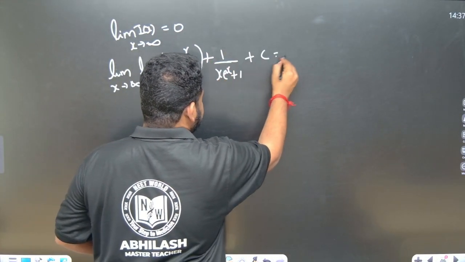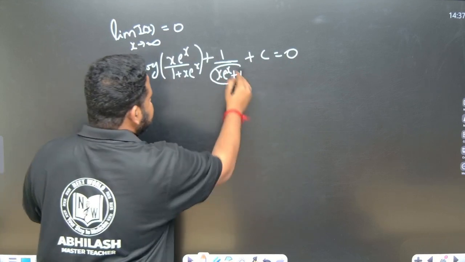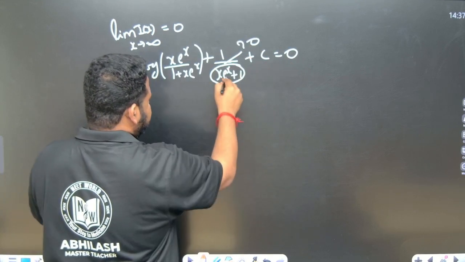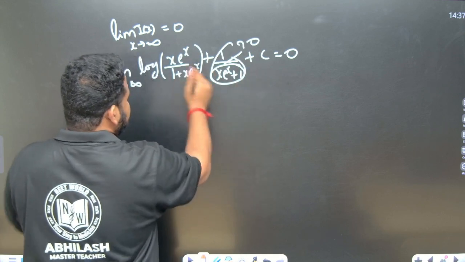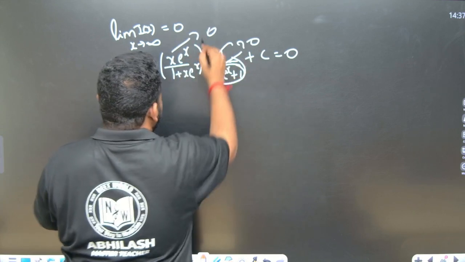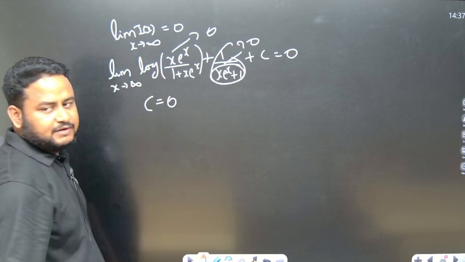As x extends to infinity, this entire thing will become 0, because 1 by this thing becomes 0. Similarly, if it has to become 0, this also should become 0. That means c will be equal to 0. We got the value of c is equal to 0.